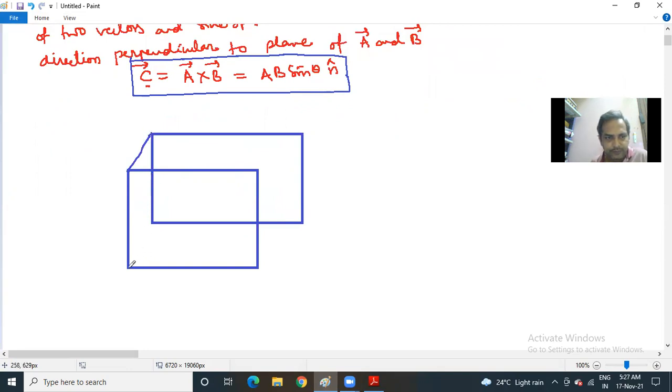Join like this. So treat this as z-axis, treat this as y-axis, and treat this as x-axis.